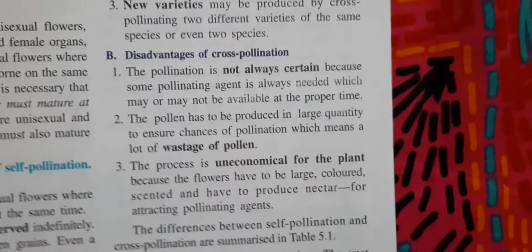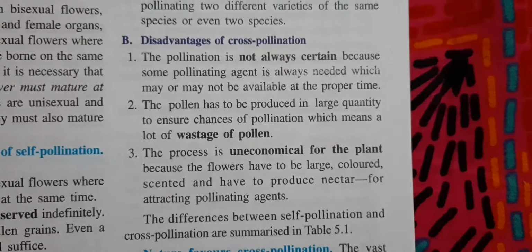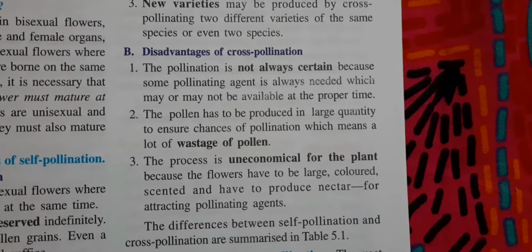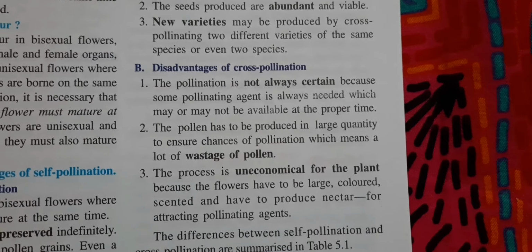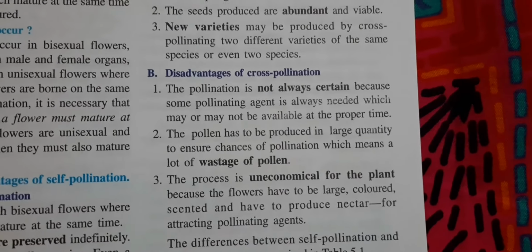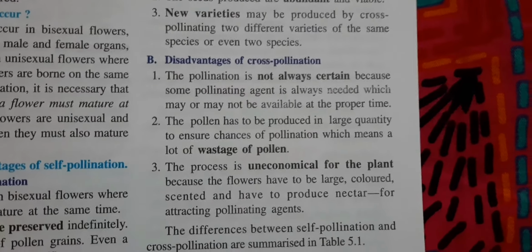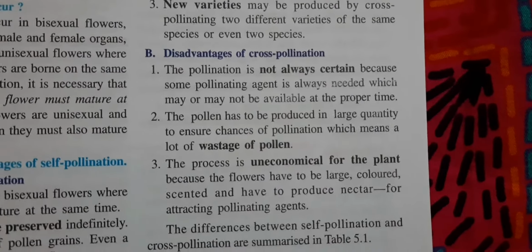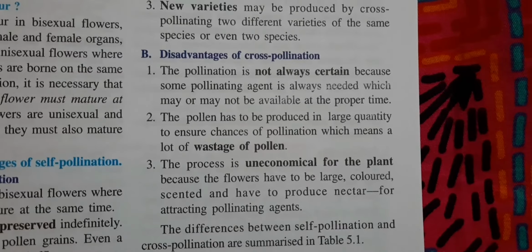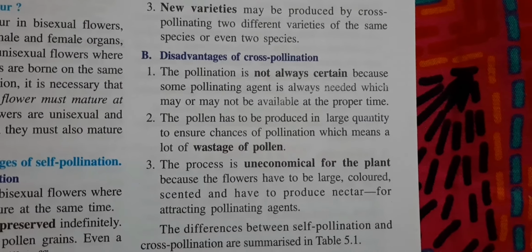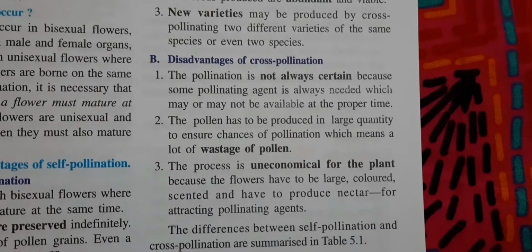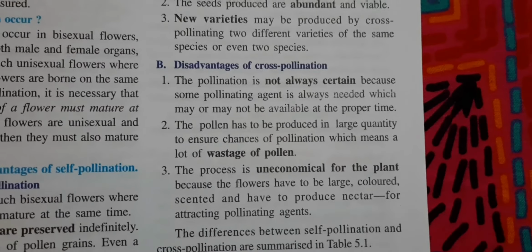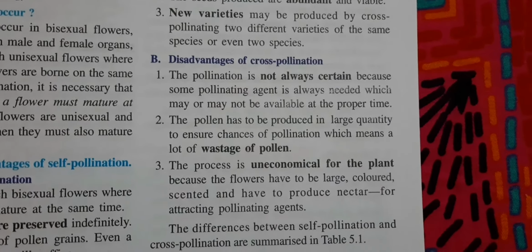But there are also some disadvantages. Why? Because for cross-pollination the flowers need to produce a large amount of pollen grains, and there is obviously wastage of pollen grains. For cross-pollination there is always a need for pollinating agents, meaning without the pollinating agents there will not be any pollination.